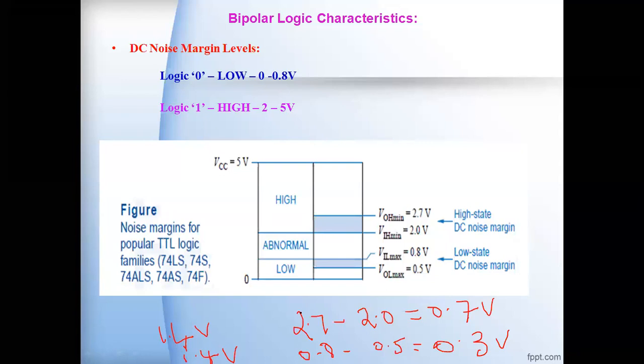So here we will conclude for today's session. In this session, we have discussed the high speed 2-input NAND gate 74H00, the low power 2-input NAND gate 74L00, and the different TTL logic families that are available.